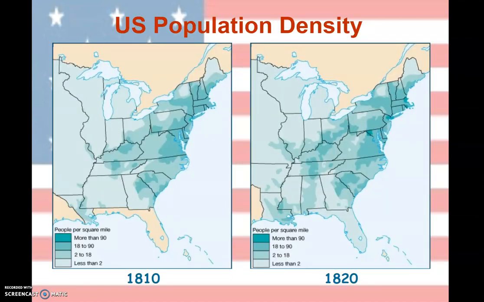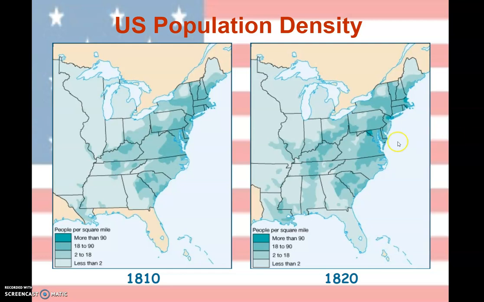All right, if we look at these two maps, one on the left is from 1810 and one on the right is from 1820, and you'll see the key in the bottom: the darker the color, the more people live per square mile. And if you look at those two side by side and compare them, what you'll begin to notice is that there's a lot more darker area in the right-hand map in the 1820.